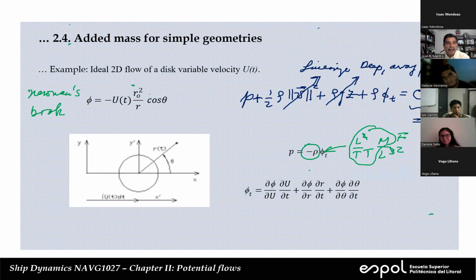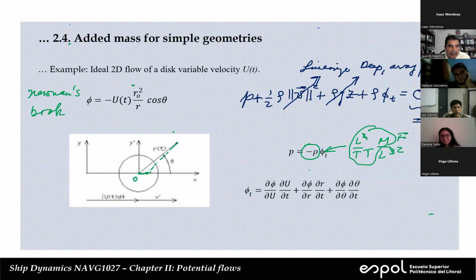Now, the thing is this: if the disk is moving, we have to include a reference system whose origin is moving with the body. So if you have a point here and this moves, that means that the distance r changes in time.